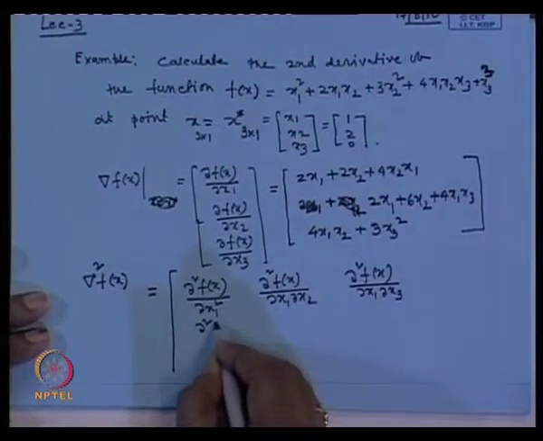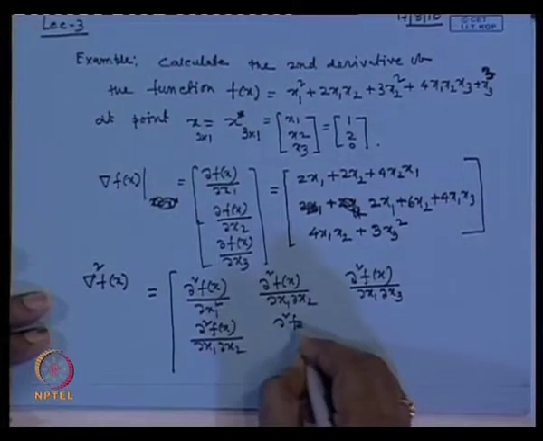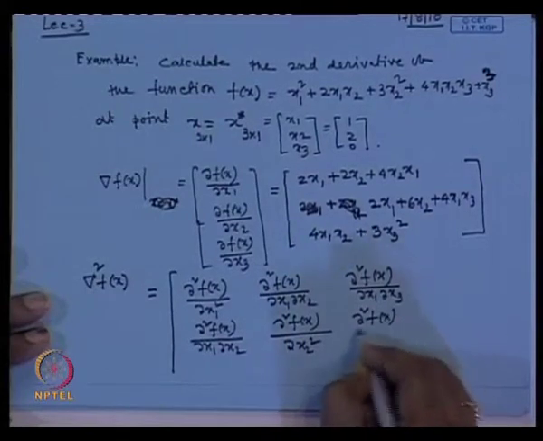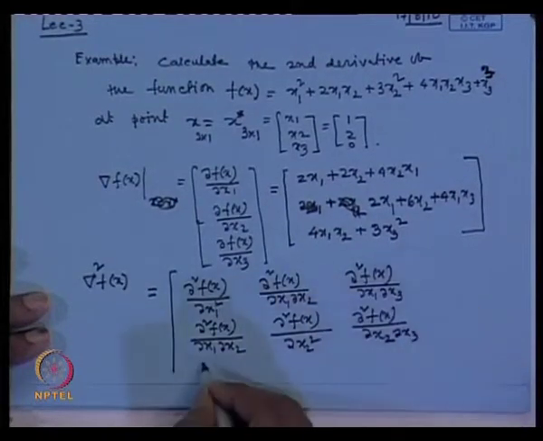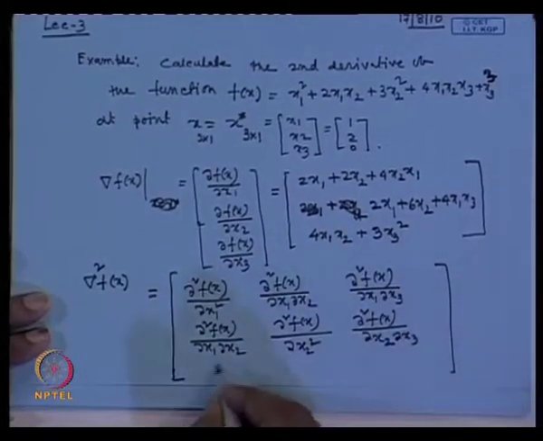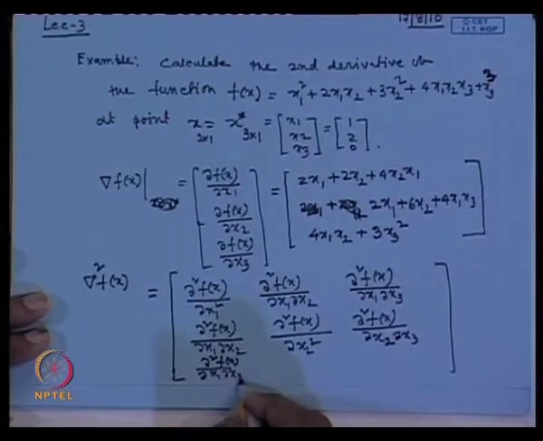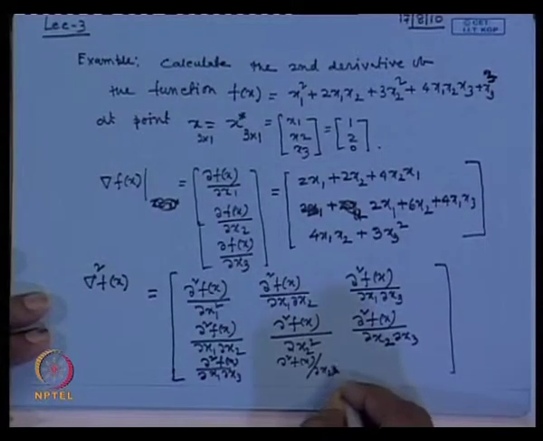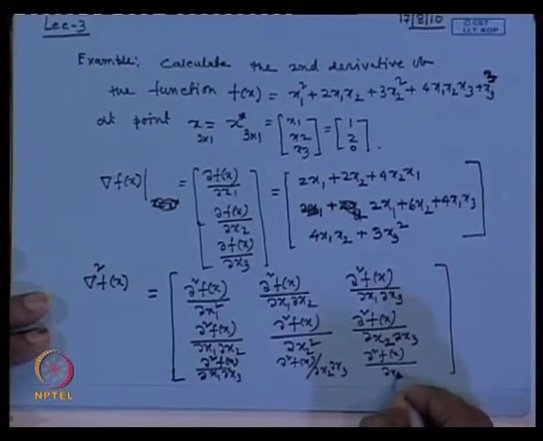Similarly, del square f del x 2 del x 1, del square f del x 2 square, del square f del x 2 del x 3, and the last row is del square f del x 3 del x 1, del square f del x 3 del x 2, and del square f del x 3 square.